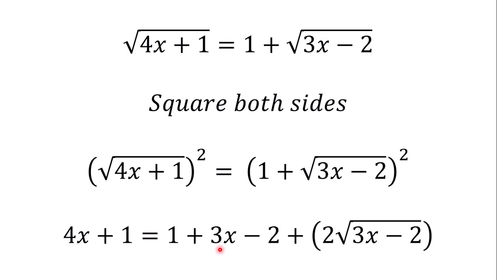3x, 1 plus 3x minus 2, this and this are the same, so minus 2 plus 1 will give us what? That is minus 1, so this side will give us 3x minus 1. Just maintain this one and work on this. Please, I put this one in the bracket just to avoid confusion, because here we added some of them, that is, we added this and then this.